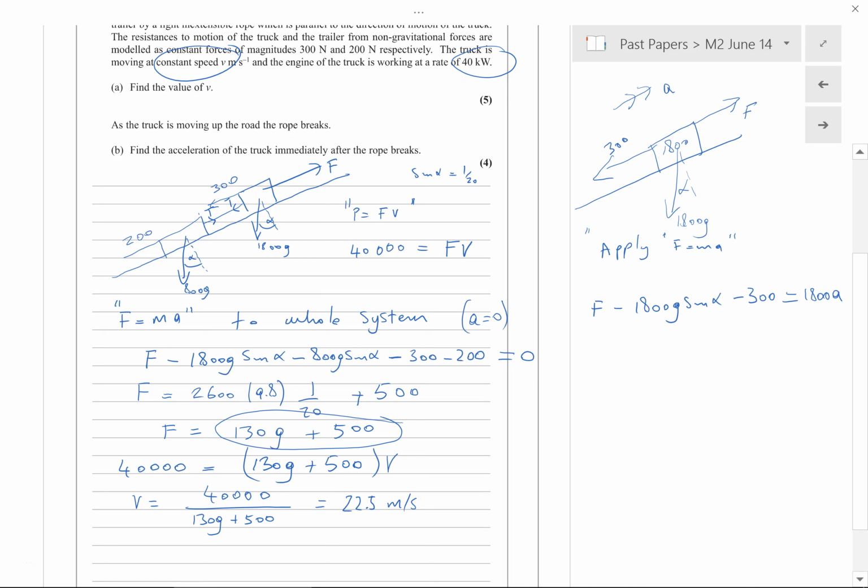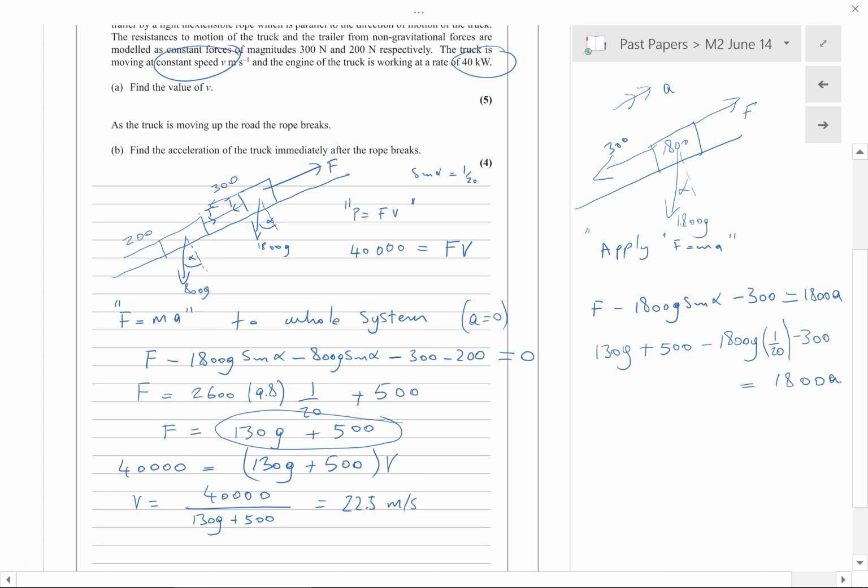So we know F is 130 g plus 500, minus 1800 g times 1/20, minus 300, is equal to 1800a.